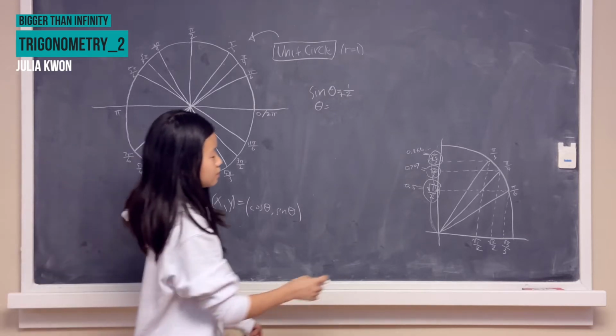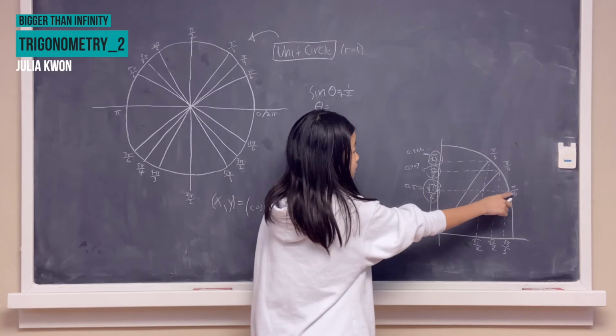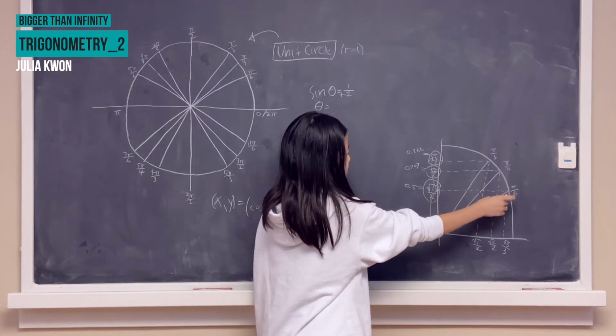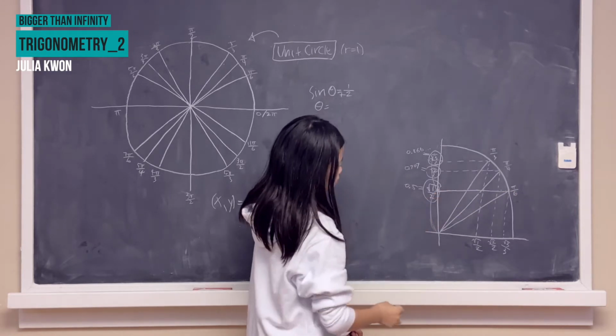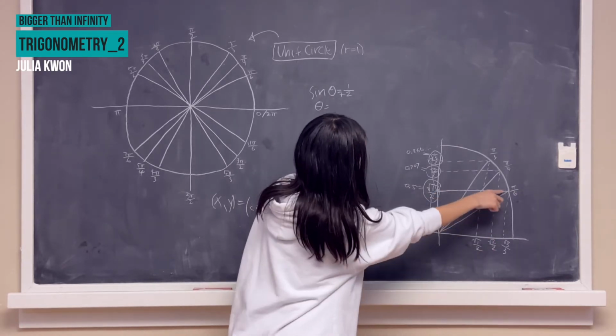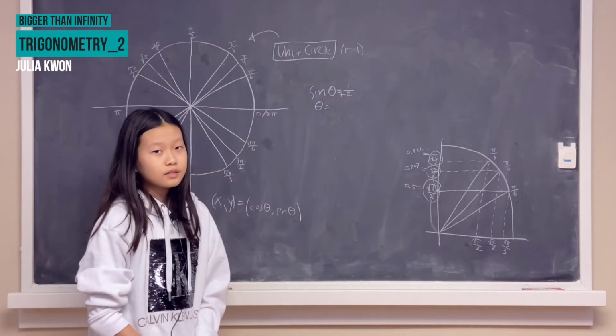So as you can see here, it's 1/2 when it's sine pi over 6. So we're not going to worry about these. And so pi over 6 is one of the answers, but there is one more.